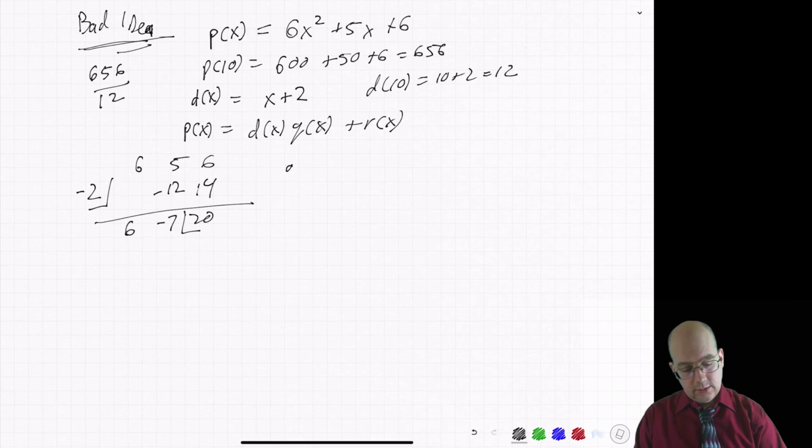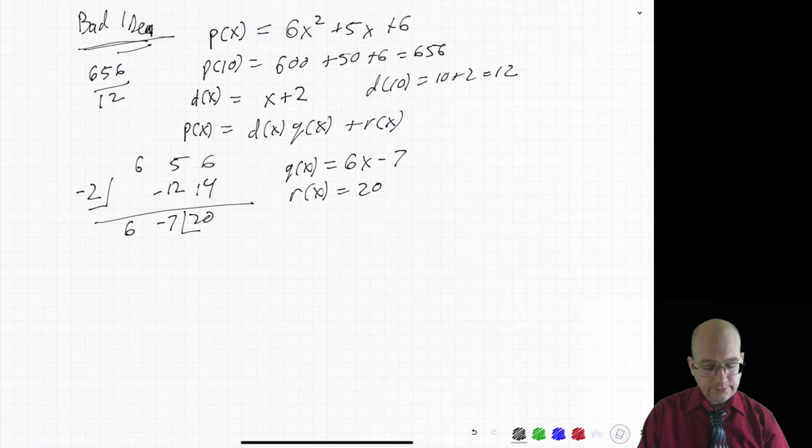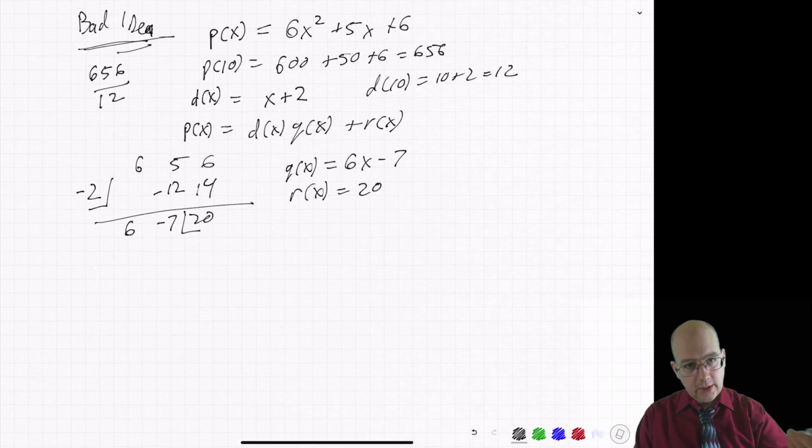And so q of x, the quotient, is 6x minus 7, and the remainder is 20. All right, so now let's look at d of 10 times q of 10 plus r of 10. All right, so that's what 656 was.